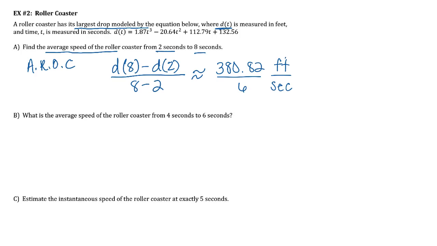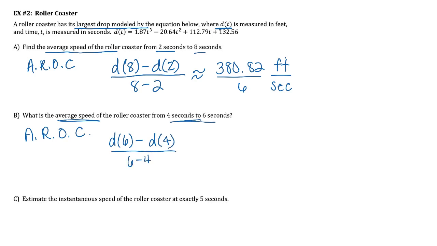Okay, so let's look at our next one, part B. What is the average speed of the roller coaster? So I would stop there. I see the words average speed. That's our average rate of change. And so here from 4 to 6 seconds. So again, we're going to look at d at 6 minus d at 4 all over 6 minus 4.